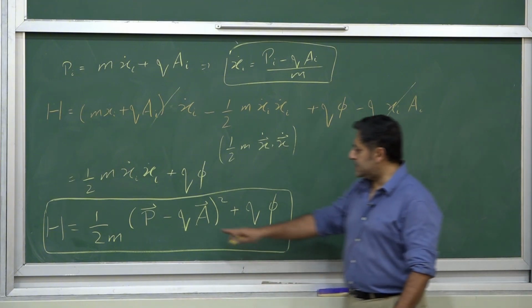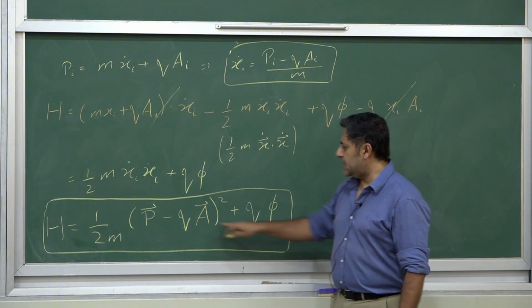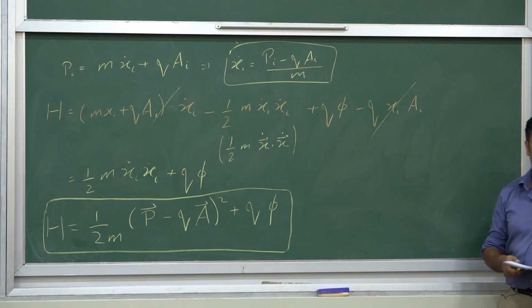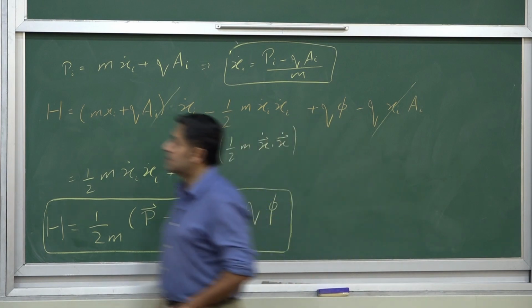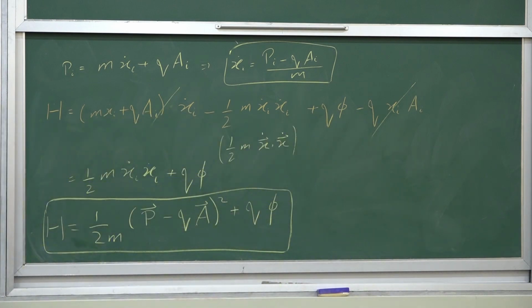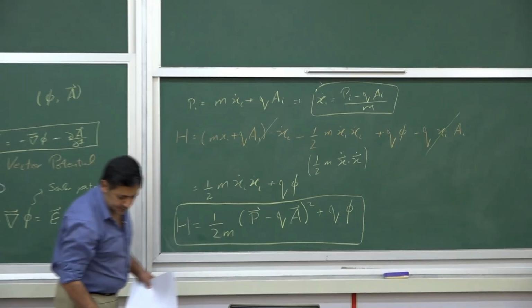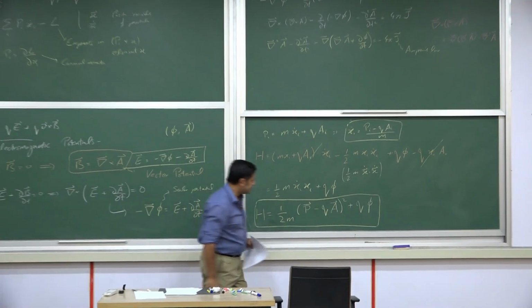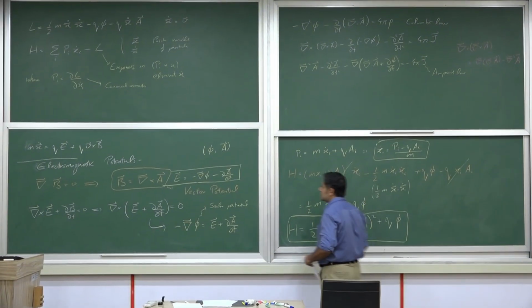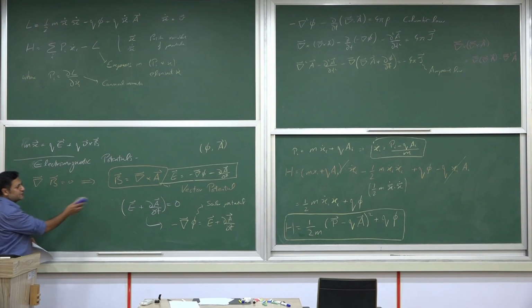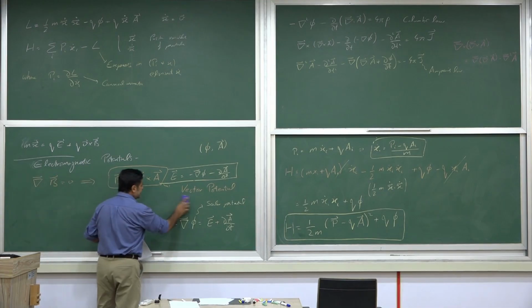But you have to write it in terms of A and phi. There's no other way around. You cannot directly write it in terms of E and B. But there is a potential issue with this, a severe issue with it.